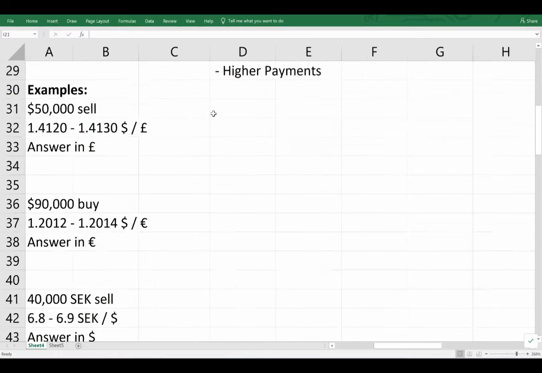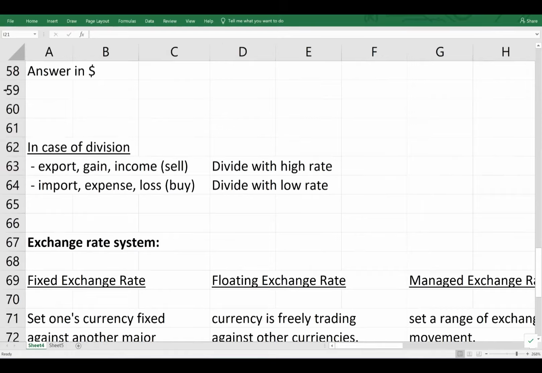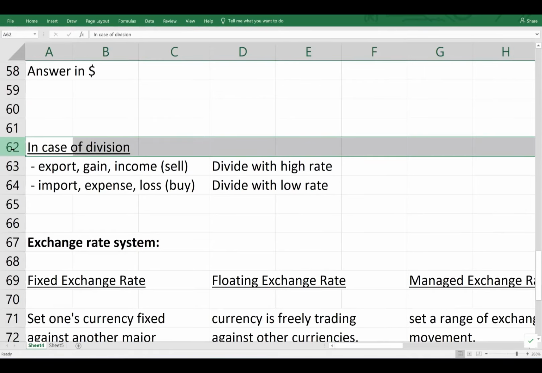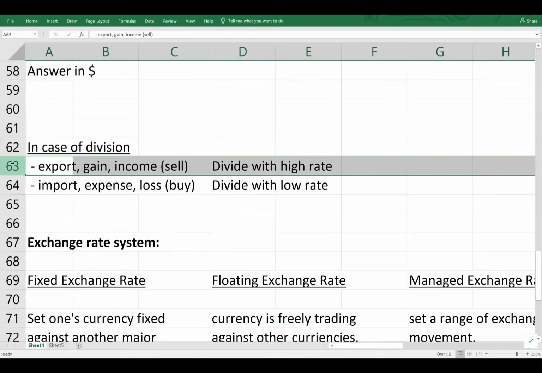And always remember, this is a rule. In case of division, in your exam, 99% of the cases are division cases, because in the UK they are using indirect quotes. There may be a multiplication case as well. So in case of division, if you are going to sell foreign currency, it means the same.